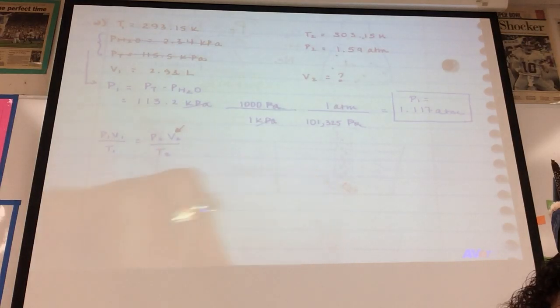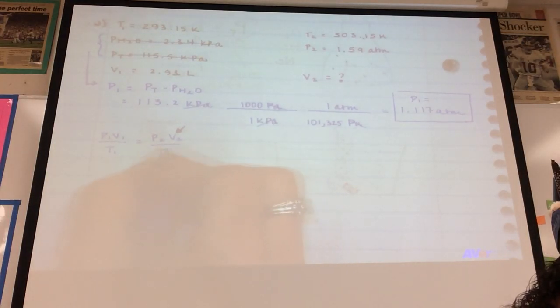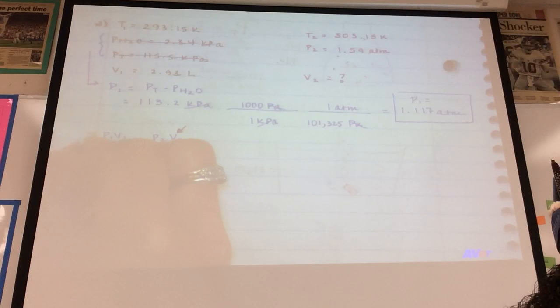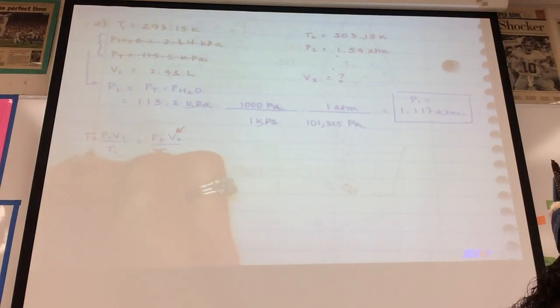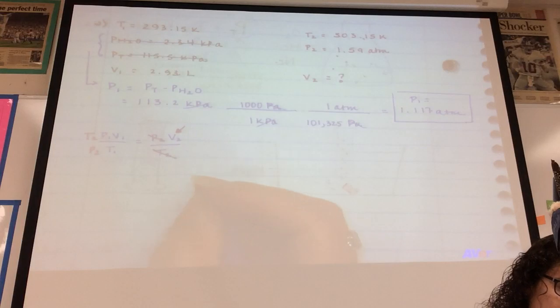So in order to get that away from volume, it's divided by T here. It needs to be multiplied here. P2 is multiplied to V2. In order to get rid of that, that's like a 3x situation where you want x, you divide over here. Most of you were really comfortable manipulating variables.